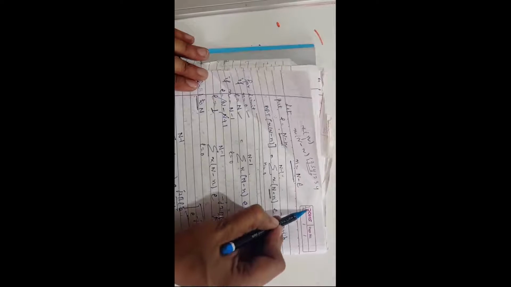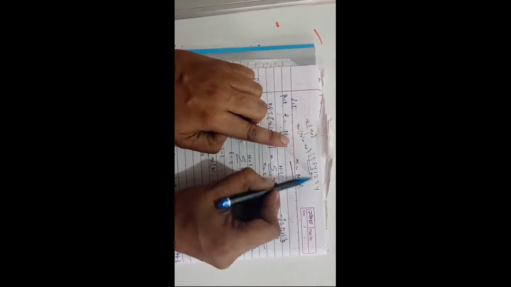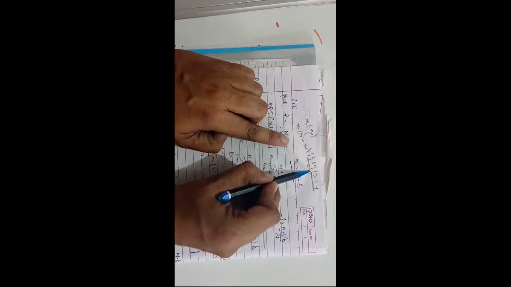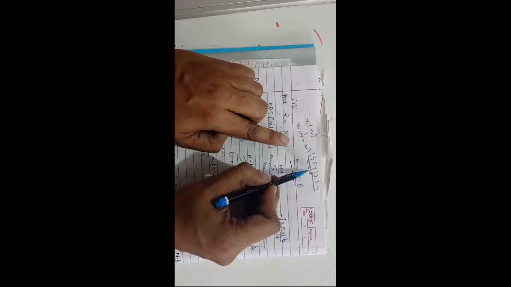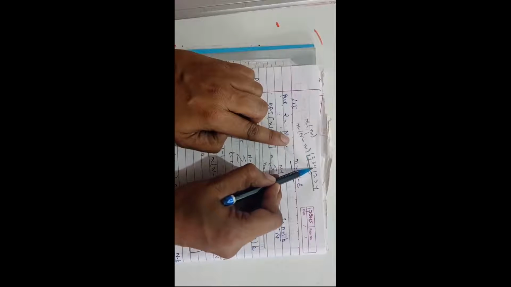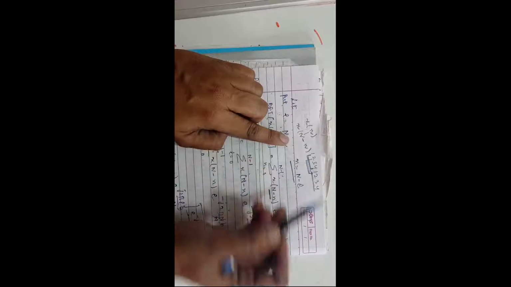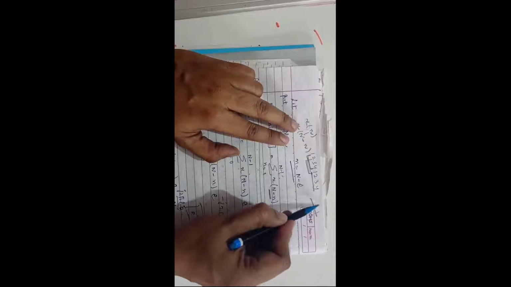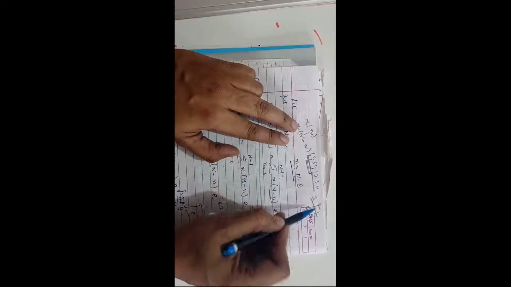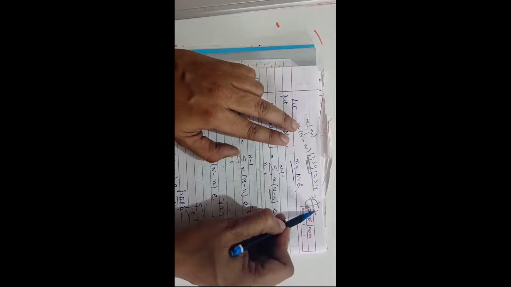For example, we have the sequence 1 2 3 4 1 2 3 4. If we take this sequence as 1 2 3 4 or 2 3 4 1, it is the same thing.